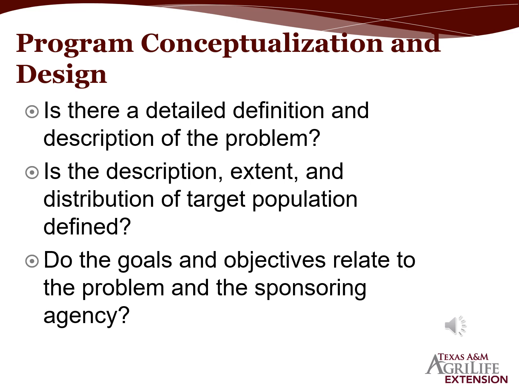Then we need to be able to talk about the description, the extent, and the distribution of the target audience or the target population. So, we've defined that. Let's go back to that youth issue. So we know what the problem is, and we've defined that pretty well. It's probably not all youth. So can we narrow it down and target it down to a specific group of young people? And then within that group, can we fully describe them?